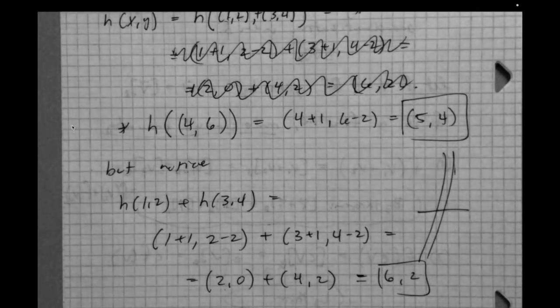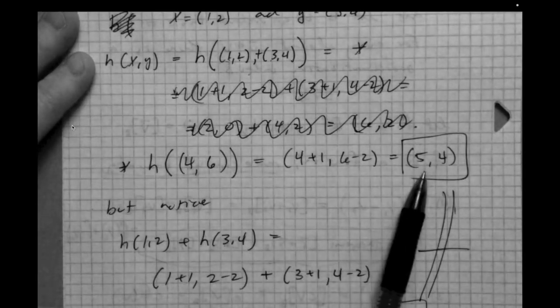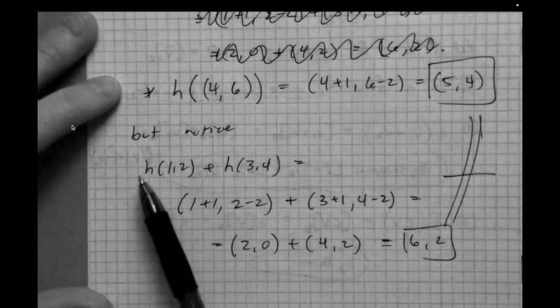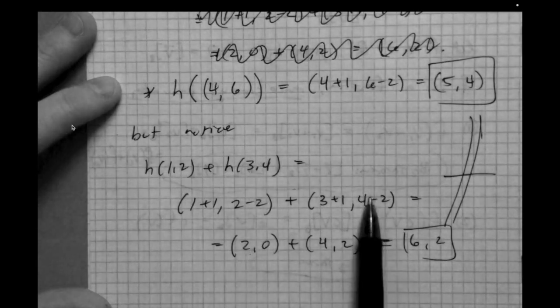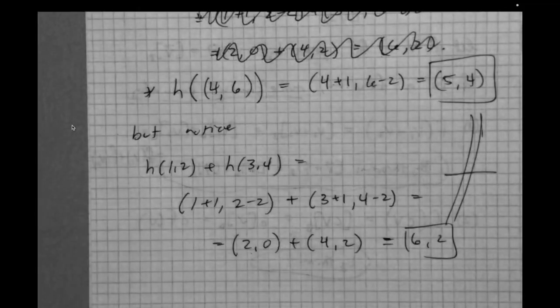I kind of butchered that example, but you can trace through it again. The punchline is, if I add the vectors first and then apply h, I get (5, 4). But if I apply h separately to the vectors and then add them, I get (6, 2). So vector addition is not preserved for this function.